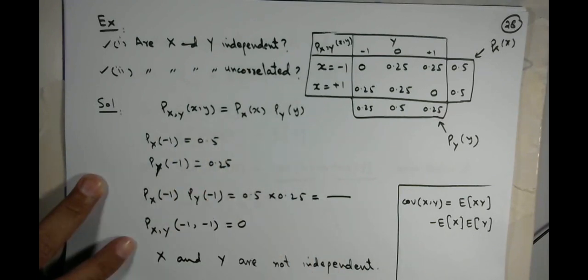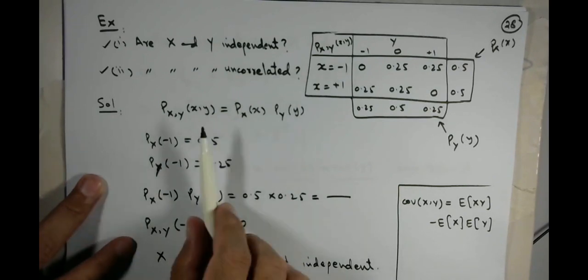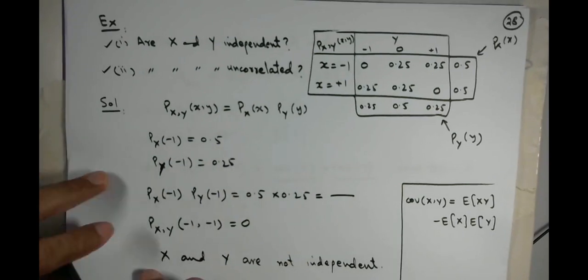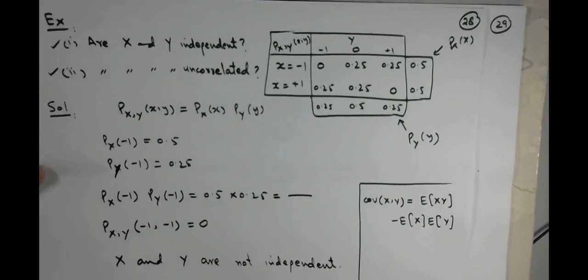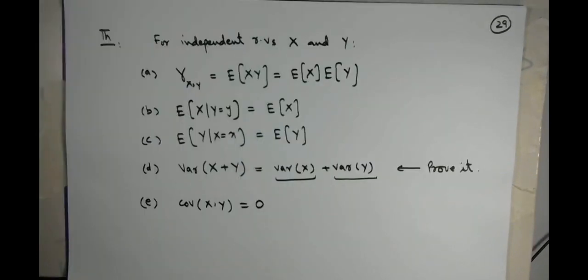The two sides of this formula do not balance, and so you do not need to move on to calculate the other possibilities of this formula. Just claim that X and Y are not independent.